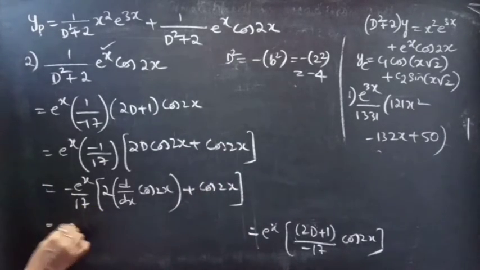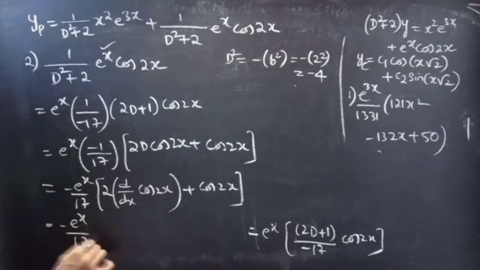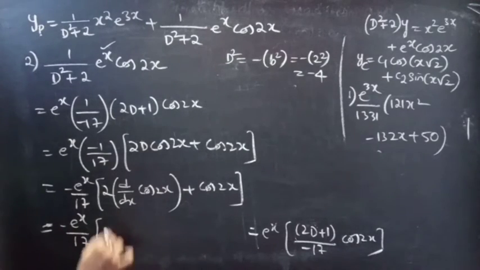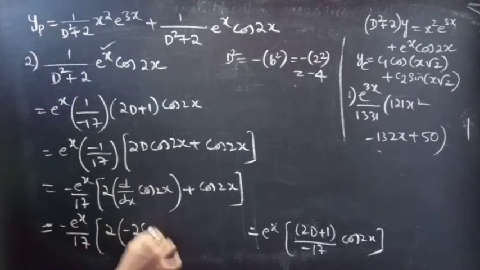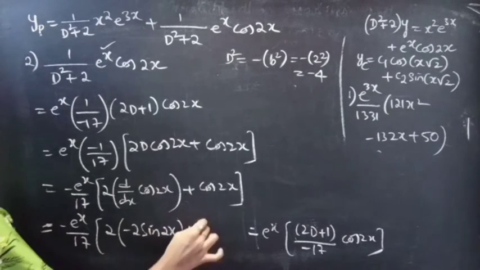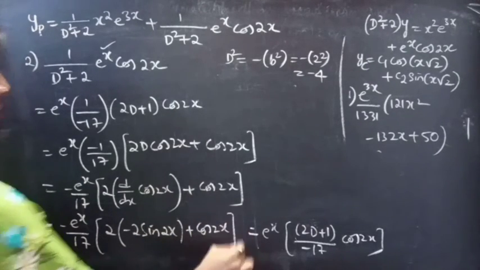This is equals to minus e power x by 17 into 2 into derivative of cos 2x, which is minus 2 sin 2x, plus cos 2x.